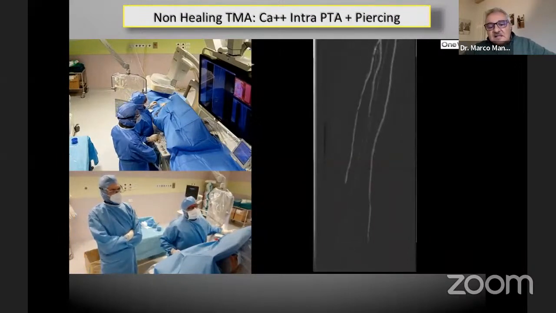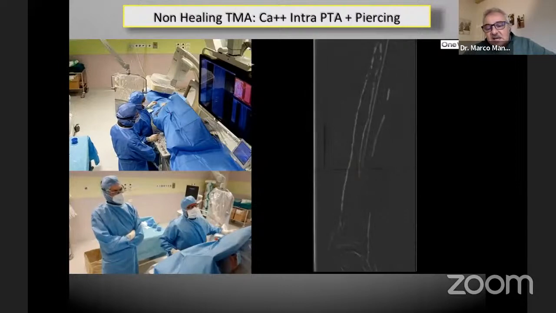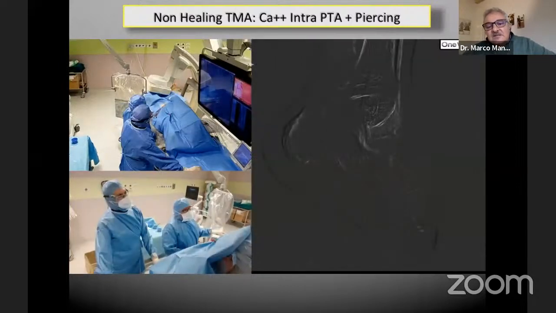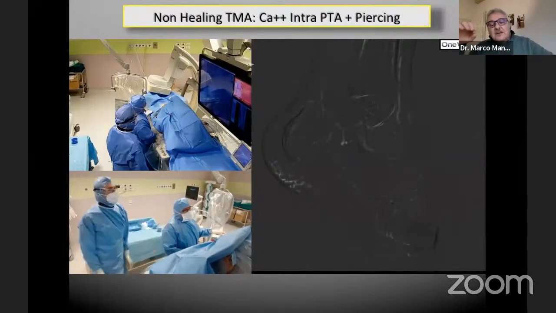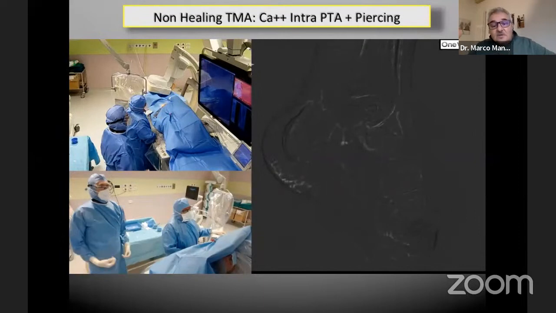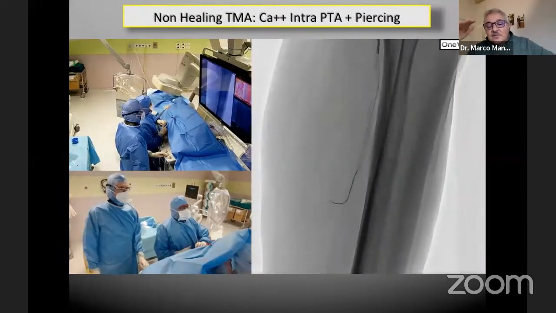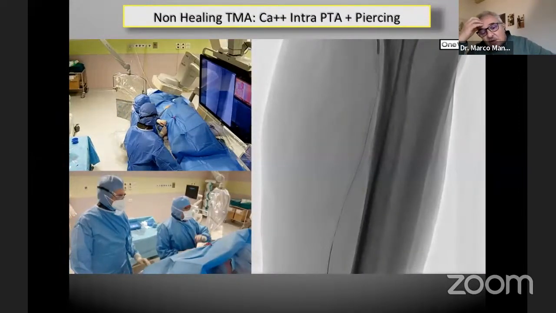The vessel seems to be open, but in this case, we have a severe calcium amount, and the disease is mainly below the ankle. So the problem is from the ankle in the foot.